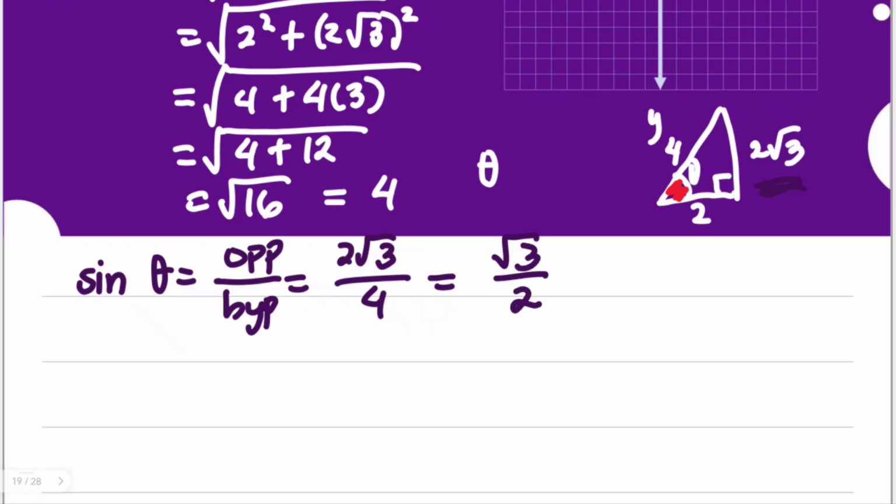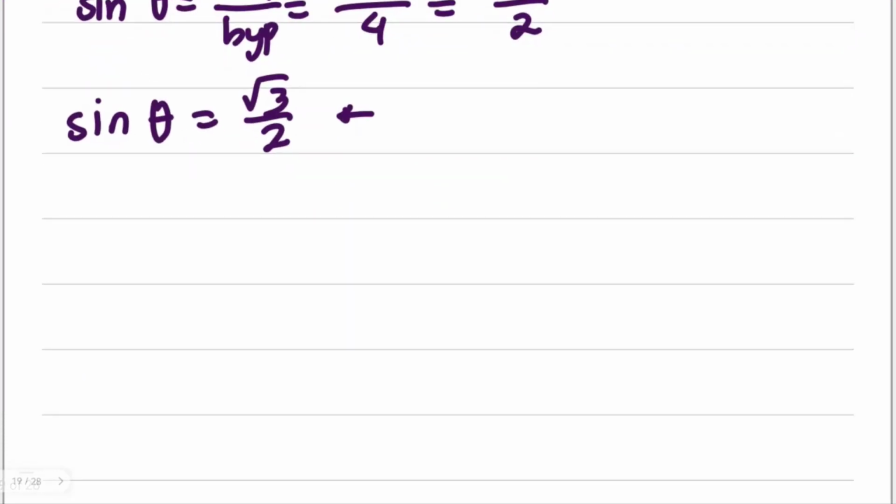So what would be the value of our theta, if our sine is square root of 3 over 2? We know this to be part of a special point, hence we will have a special angle, in contrast with the previous video. To move that further, let's take the arc sine of square root of 3 over 2.